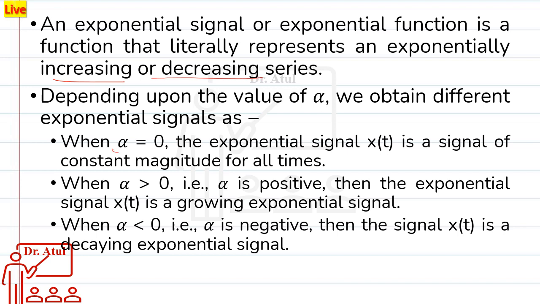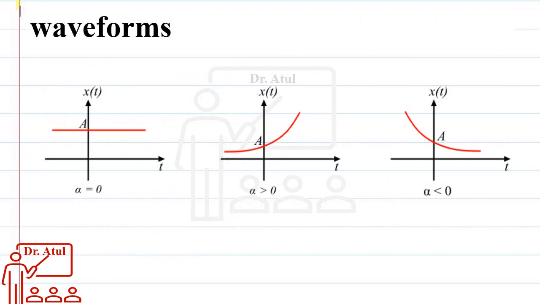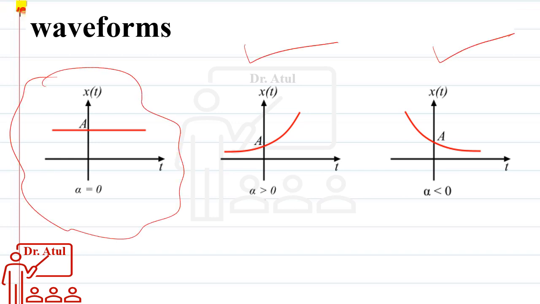If alpha is greater than 0, it is growing or increasing. If alpha is less than 0, then it is decaying or decreasing. When alpha is 0, the third case, then it is a constant signal, so that is not an exponential signal. So not all values of alpha give an exponential signal. This is not exponential, this is exponential, this is exponential.